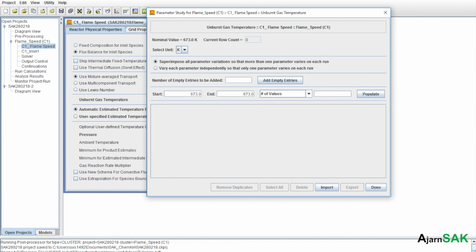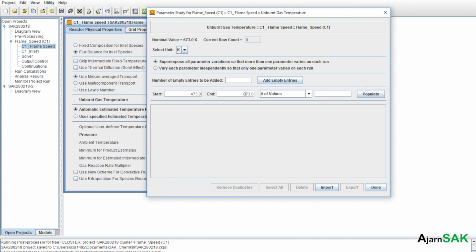So you can look at what happens to the flame speed if your temperature is 200 degrees Celsius, 300 degrees Celsius, and up to 700. Set the interval. Choose the start from 473, which is 200 degrees, and go up to maybe 600, which would be 873.